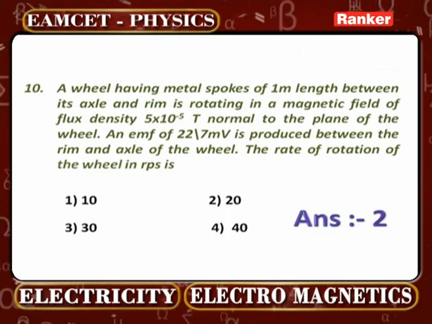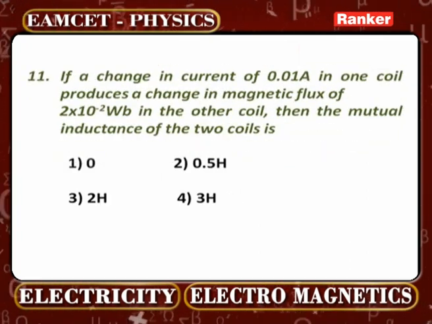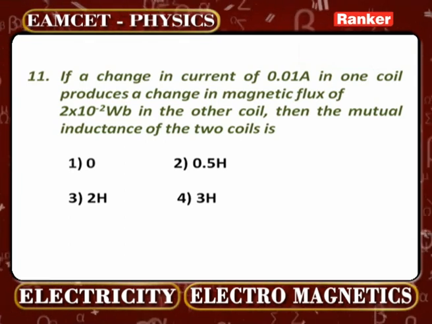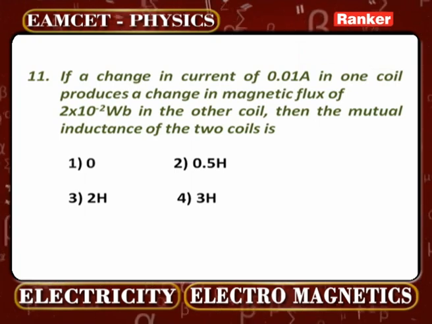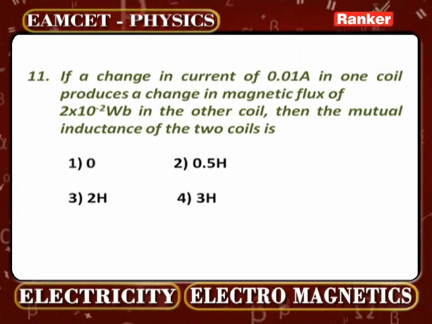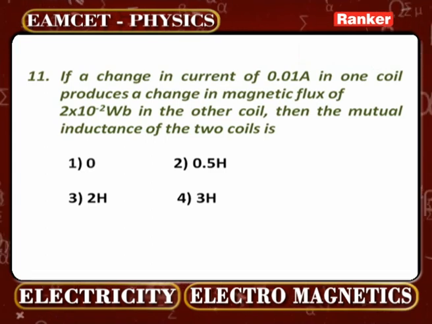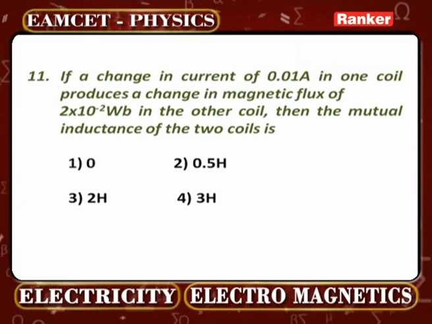Look at the next problem please, that is problem number 11. If a change in current of 0.01 ampere in one coil produces a change in magnetic flux of 2 into 10 power minus 2 Weber in the other coil, then the mutual inductance of the two coils will be how much? That is the concept. Now what are the values he has given you?